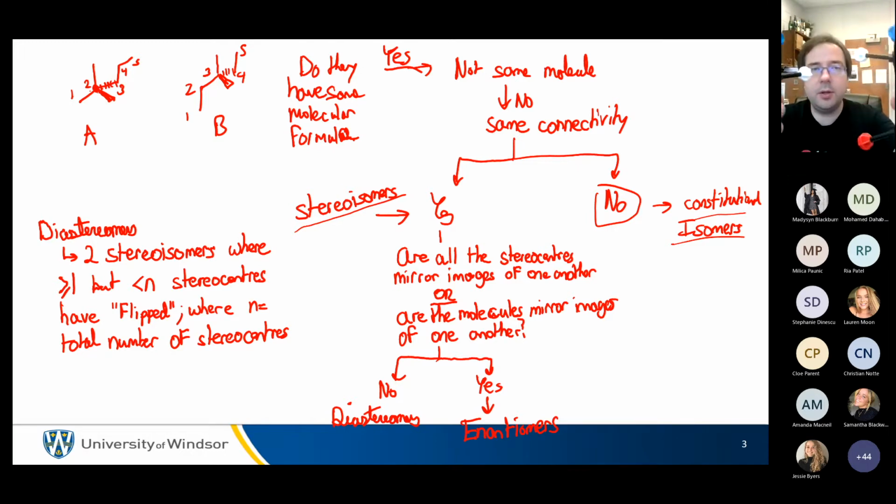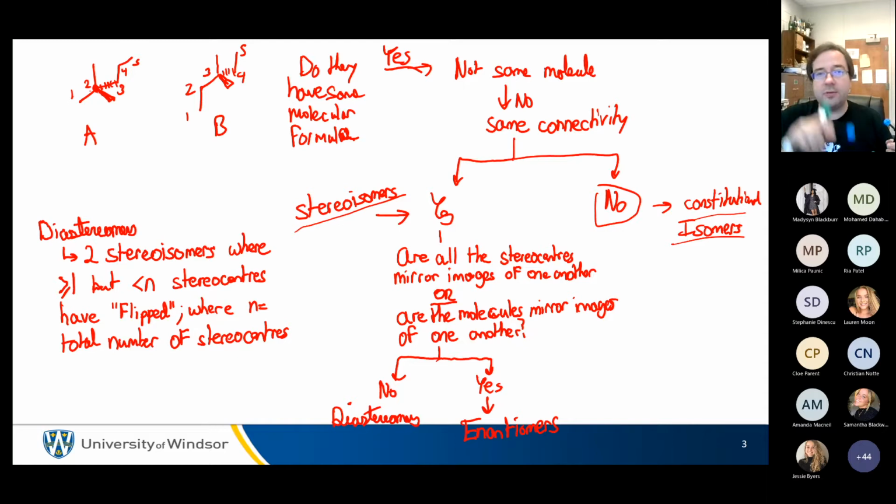So right now these are enantiomers. Both stereocenters are mirror images of each other. The whole molecule is a mirror image of each other. Of these, how many stereocenters have flipped? Two of them. There are two stereocenters. Both have flipped. They are enantiomers. So enantiomers are cases where every stereocenter is the mirror image of every other stereocenter. Every one is flipped.